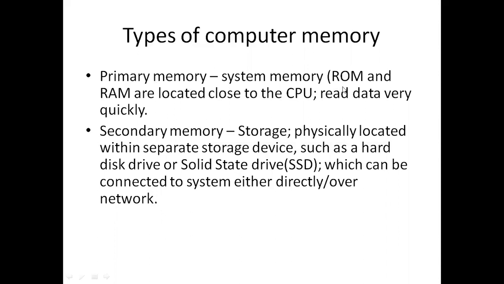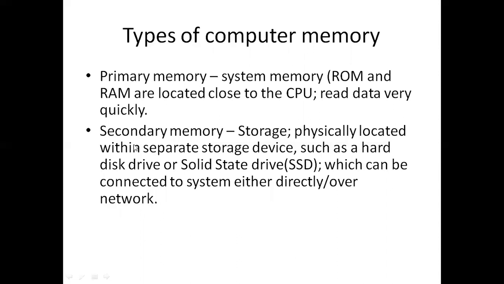It is classified into 2 main categories, ROM and RAM, which are stored very close to the CPU, on the motherboard, and are very easily and quickly accessible by the CPU. That's why it is quick compared to the secondary memory.